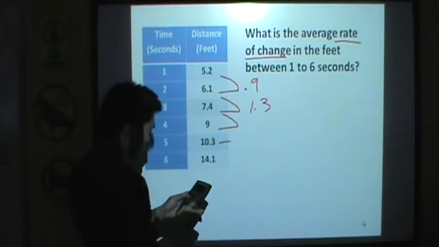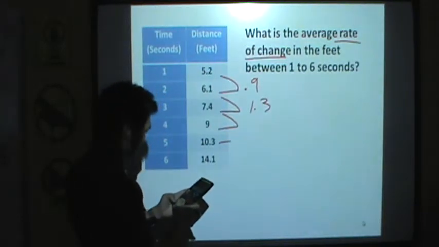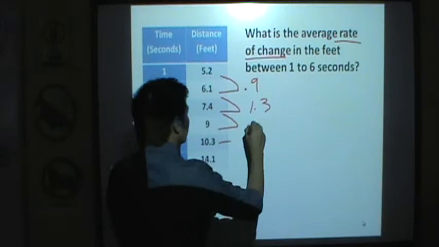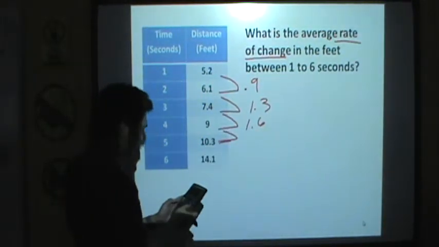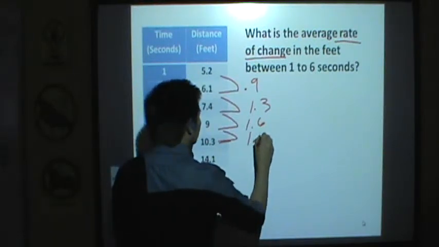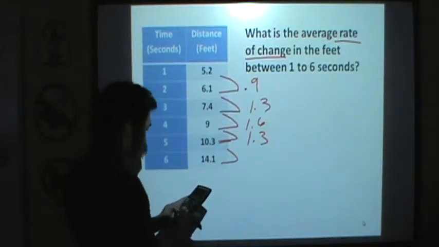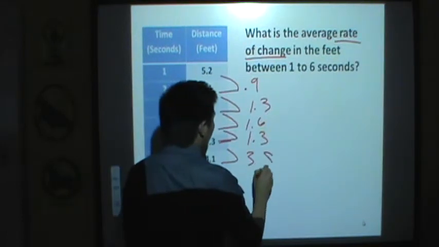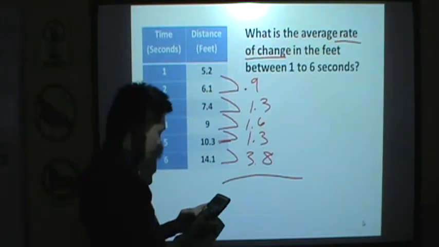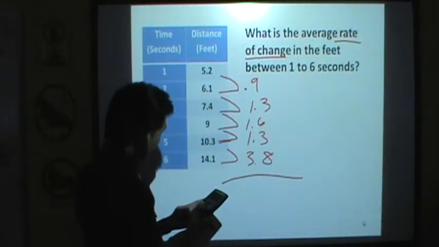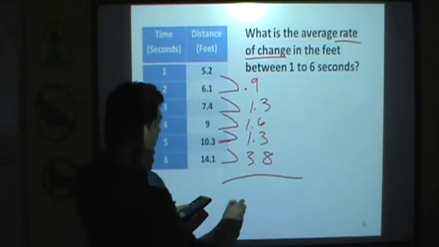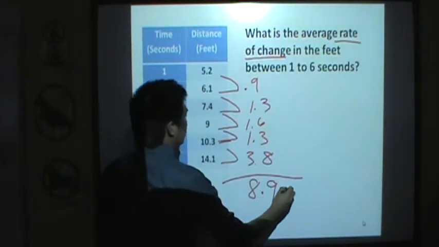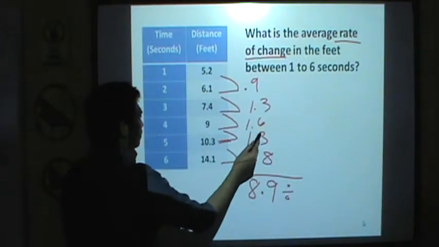These two. 9 minus 7.4. And then 10.3 minus 9. 14.1 minus 10.3. Then we can go ahead and add all of them. 0.9 plus 1.3 plus 1.6 plus 1.3 plus 3.8, and then divide it by 1, 2, 3, 4, 5.